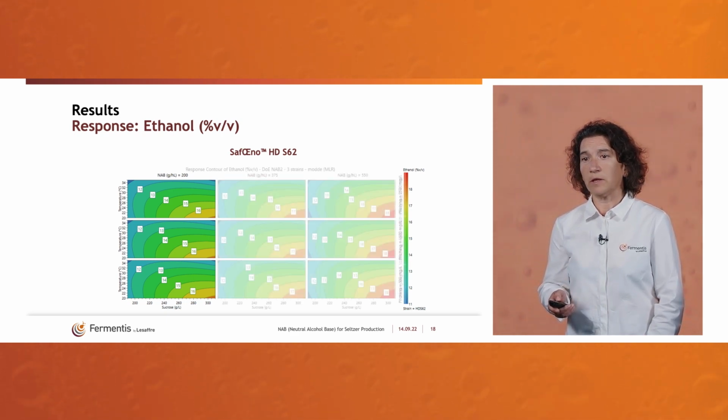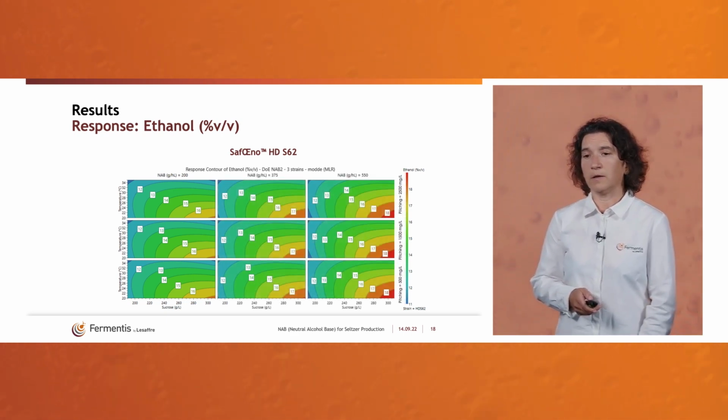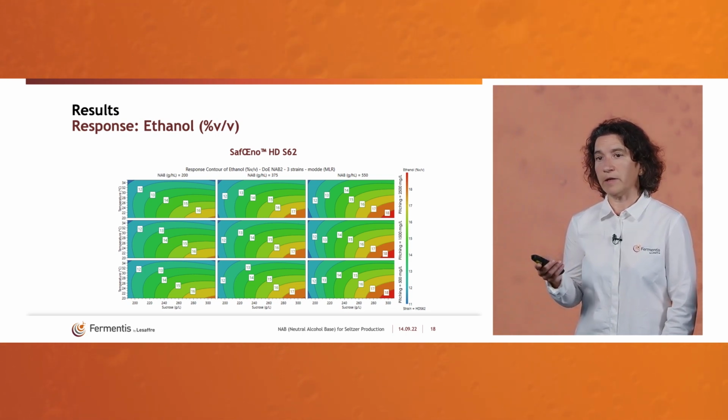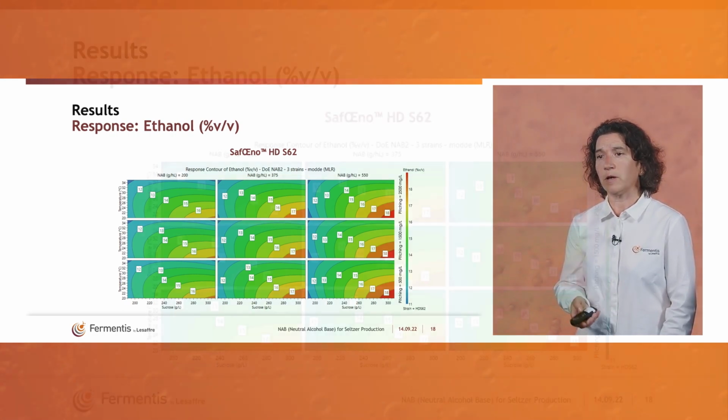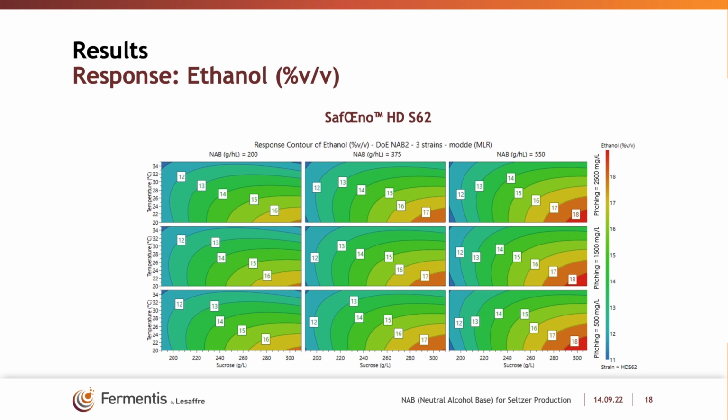But now, if we concentrate on the other quantity of NAB we can add in the culture media, we can see that the area in red and orange increases because we can produce more ethanol, but it's always in the same area of the graph, that is to say for the high quantity of sucrose and the low temperature.